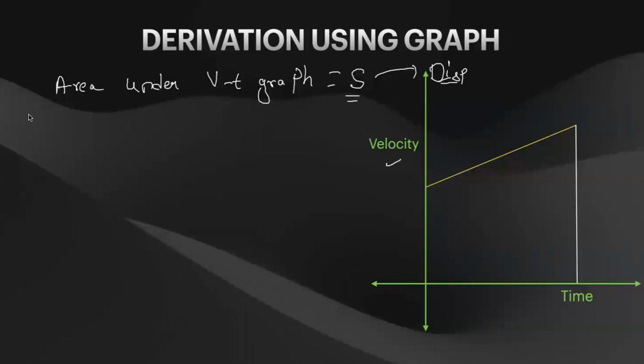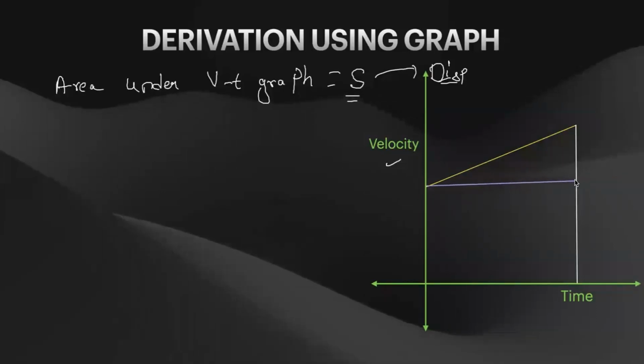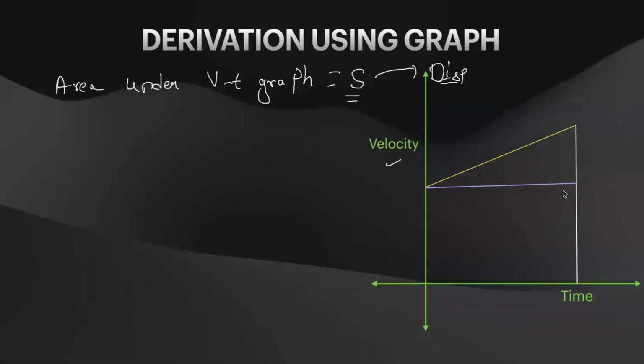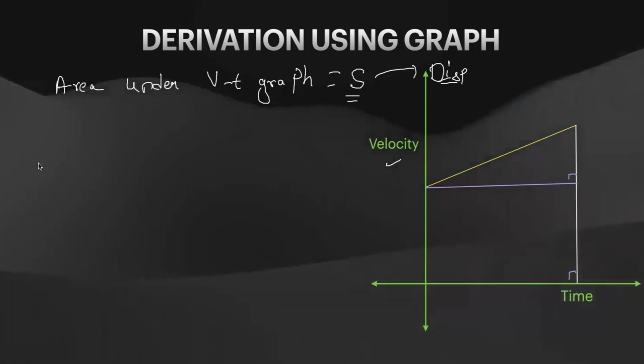So how do we do it? First, we will construct a right angle triangle. This is also perpendicular. Clear? Now, let us label the parts.